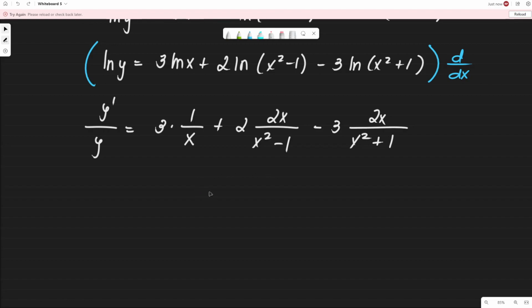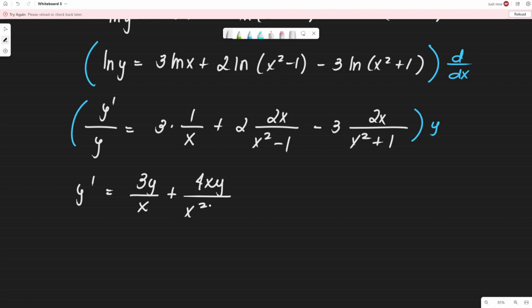Pagka sinabi ang instructions, for example, you can express the answer implicitly, pwede natin siya i-express in terms of y. So you just multiply all sides by y. So you can have y prime is equal to 3y over x plus 4xy over x squared minus 1 minus 6xy over x squared plus 1. Okay, this can be the final answer.